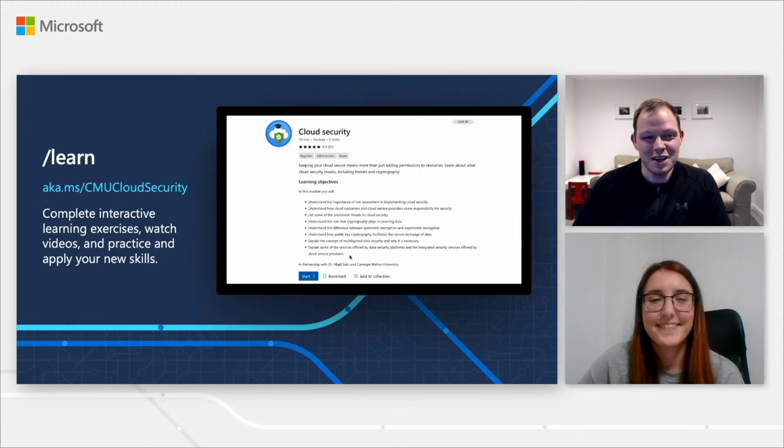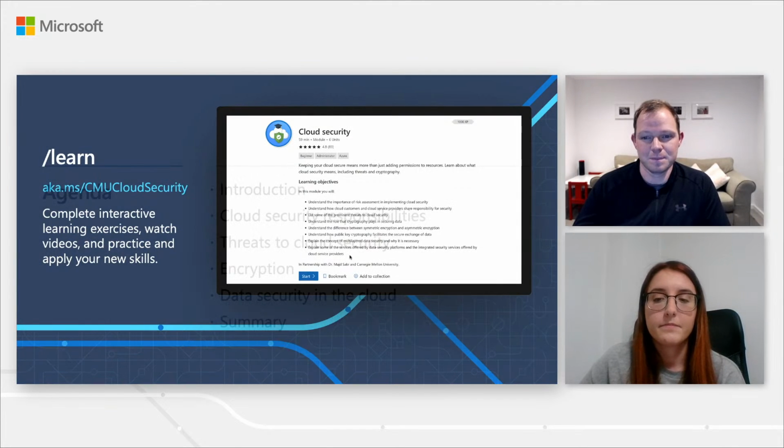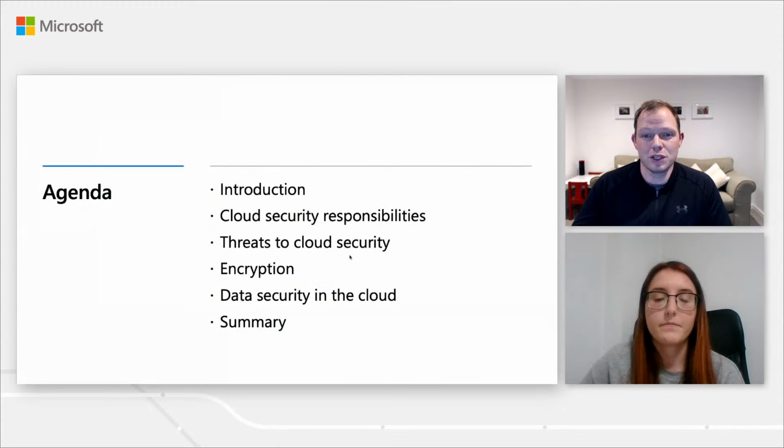Yes. So the Learn module we're going to be going through today is the cloud security module, which you can see here at aka.ms/cmu cloud security. So let's have a look at what that encompasses. First of all, we're just going to look at the introduction, which you're kind of in now. We're then going to talk about cloud security responsibilities.